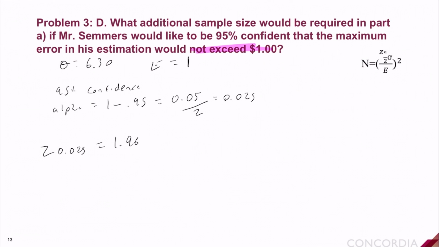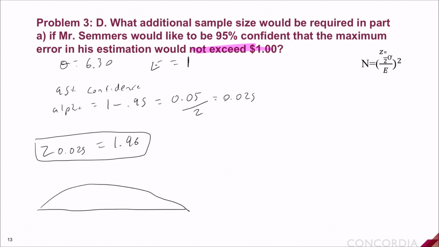And to find this value, we have to go look up a z-score that has 97.5% to the left of it.